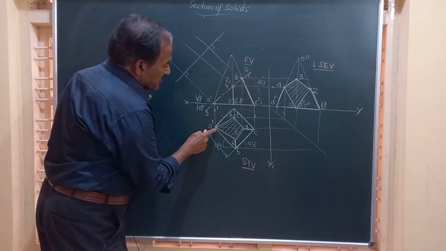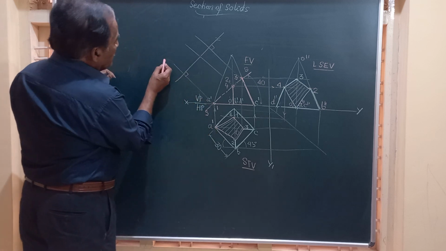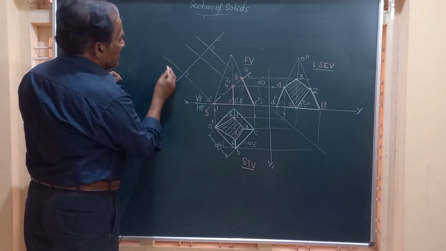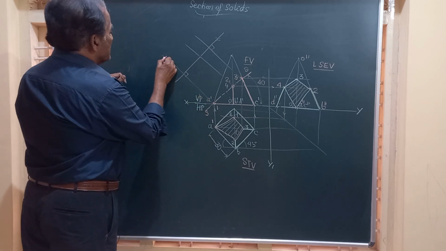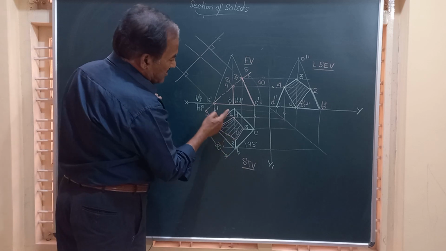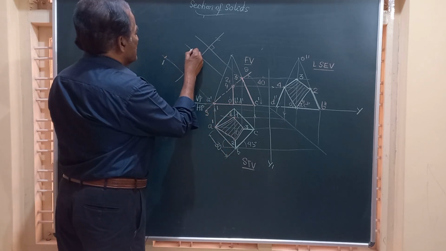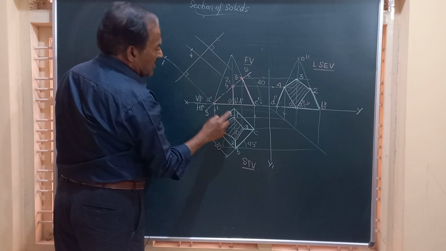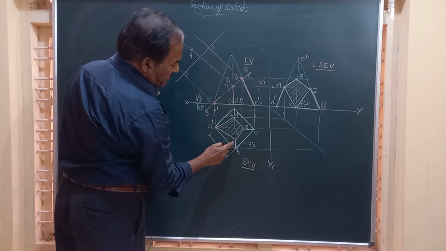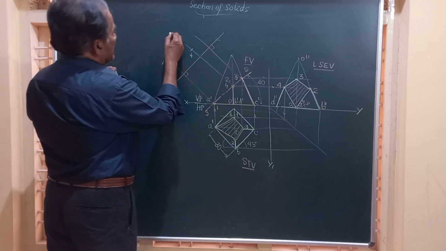Friends, please look at the board. 1 is here at this much distance on this. So I am going to mark point 1 here, whatever the distance you have got. Say this is point number 1. Then on this, you have got 4 at this distance. So we will call this as point number 4. On this same line, you have got point 2 at a distance of so much from that line.